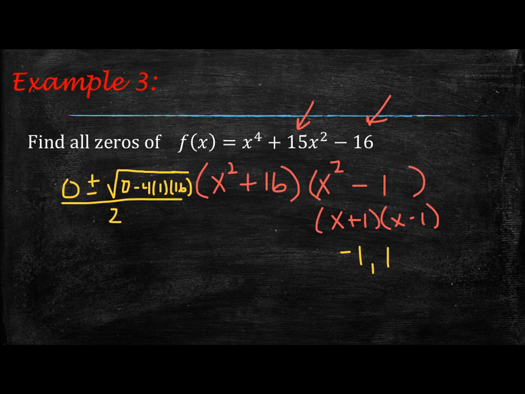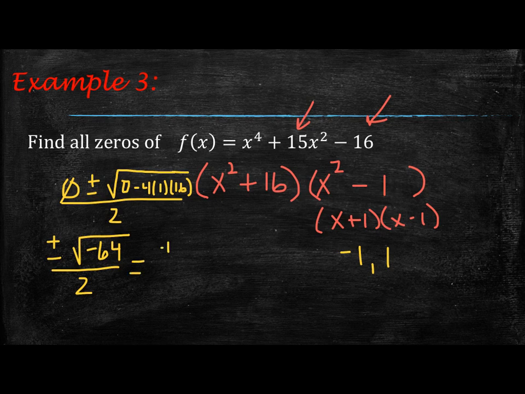So all I need to do is take that square root. I will have the plus or minus, but that 0 is not going to be anything out front. Negative 4 times 16 is negative 64, so this is going to be the square root of negative 64 all over 2.